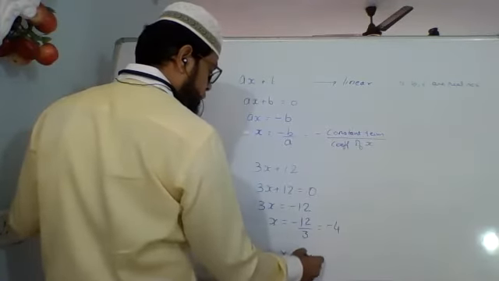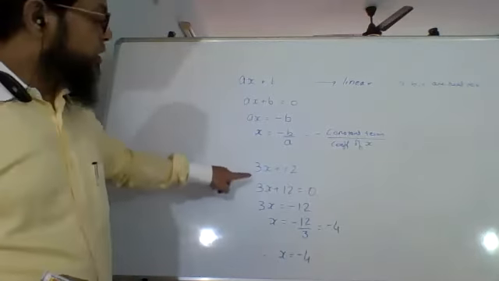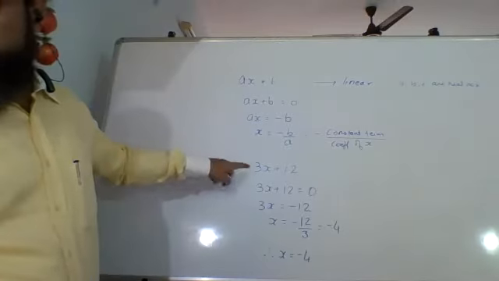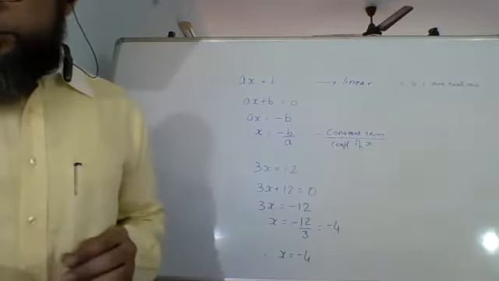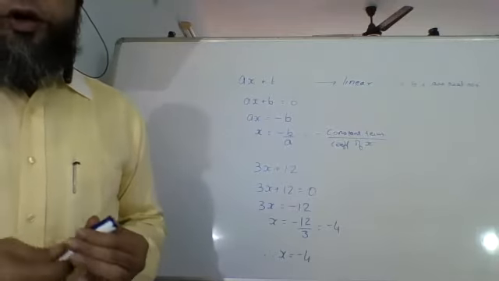Therefore, x equal to minus 4 is the 0 of this polynomial.